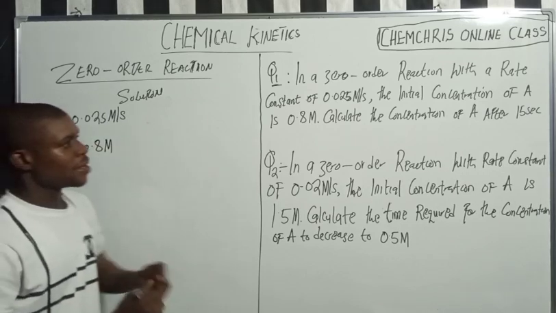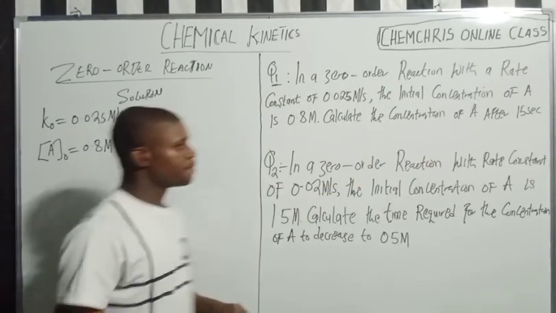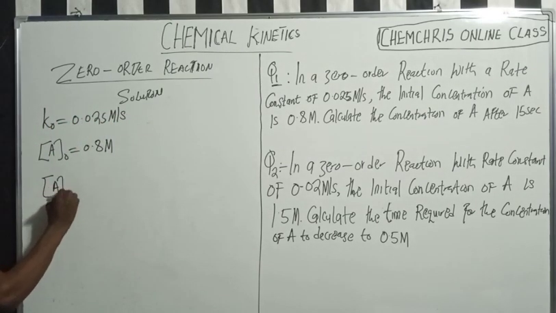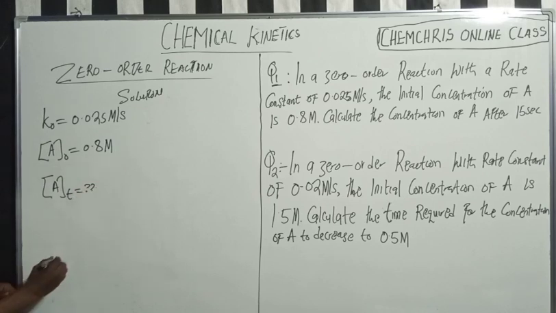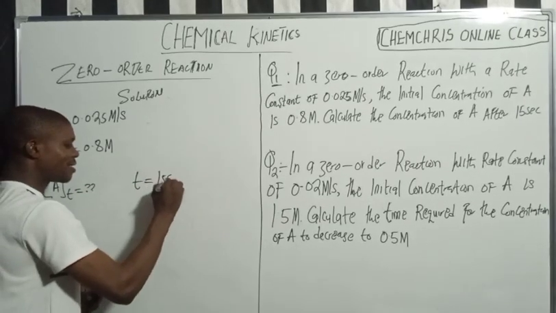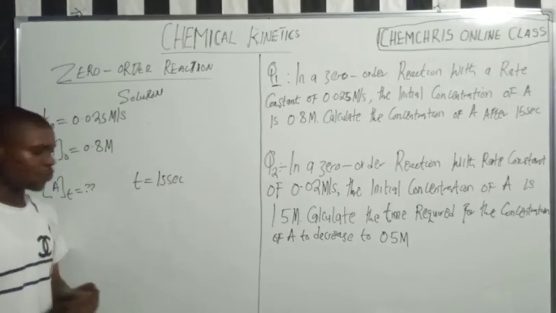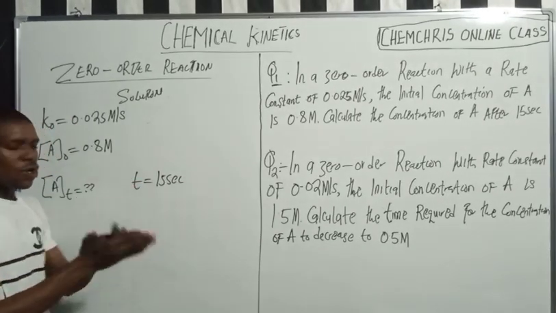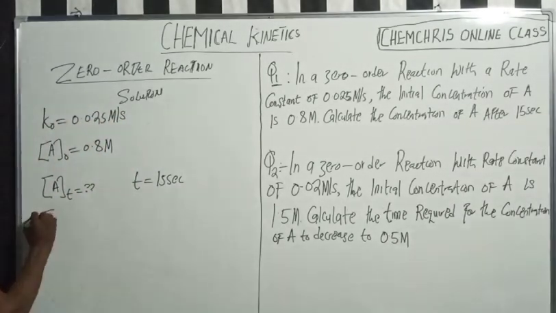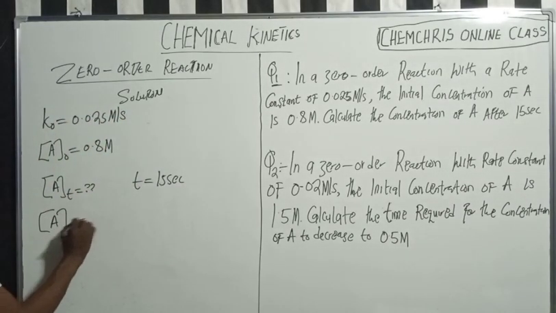Can you see that? Calculate the concentration of A after 15 seconds. So you are asked to calculate the final concentration when time is 15 seconds. Can you see that? Now, what you want to understand here is therefore to write the general formula.